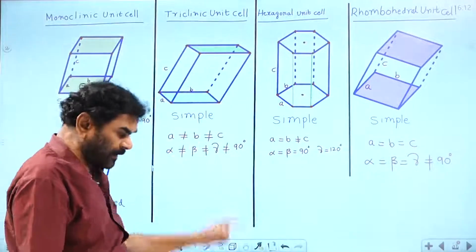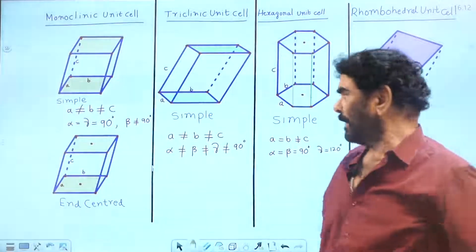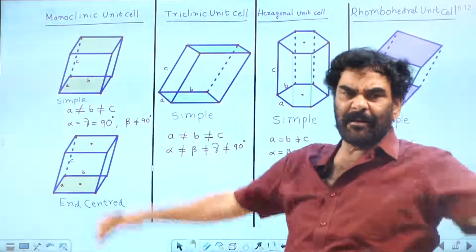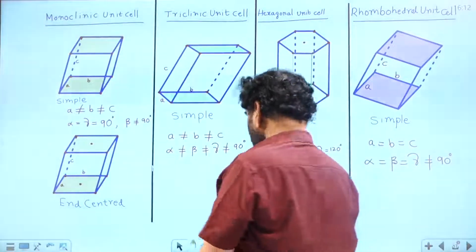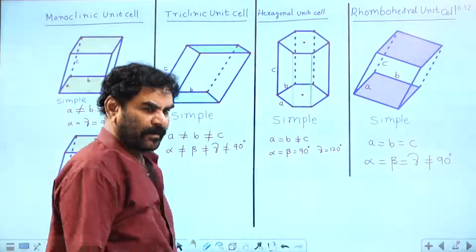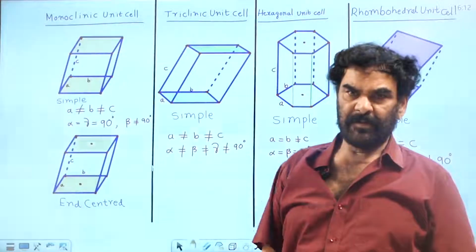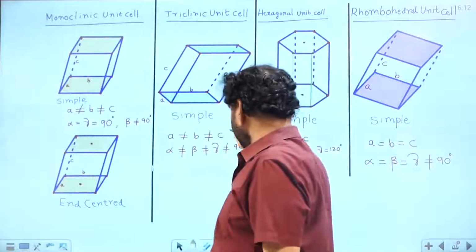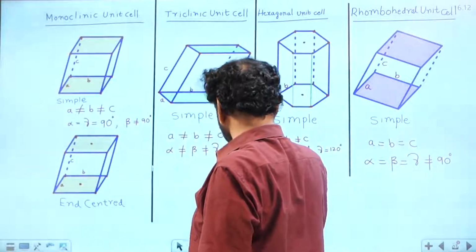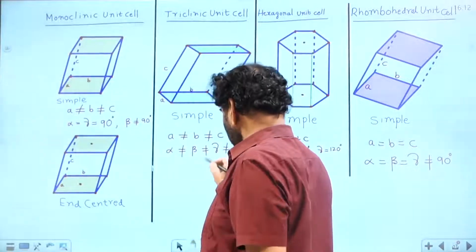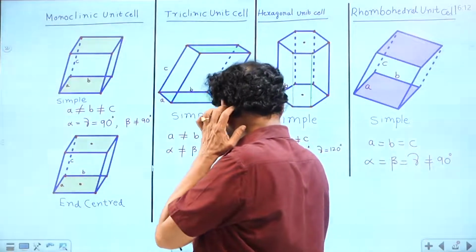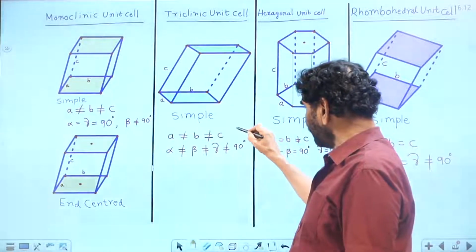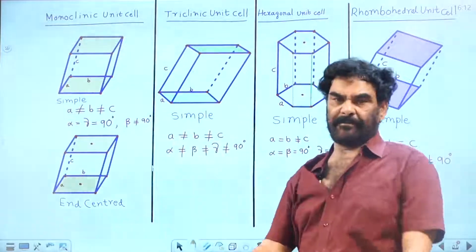Next one is the triclinic system. This is the worst system, where all six parameters are different. A is not equal to B is not equal to C: the three edge lengths are not equal, and each edge has its own length. The second is alpha, beta, gamma: the angles are taken into consideration, and the angles are not 90 degrees, slightly inclined.